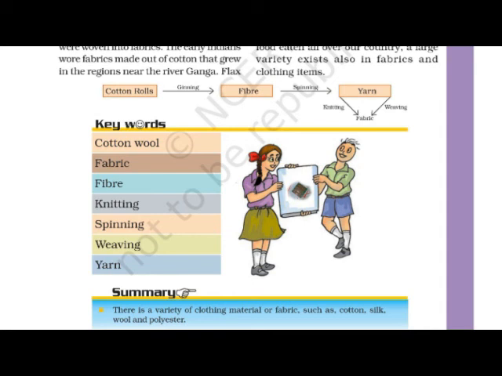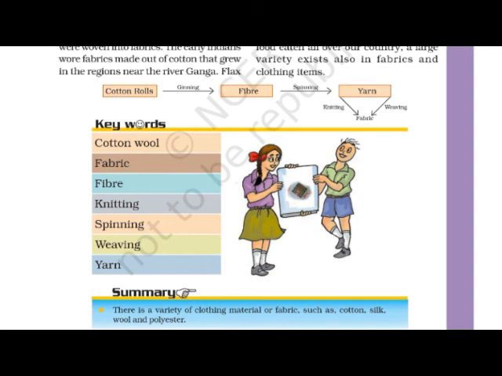Diversity can also be seen in clothing items. The people who live in Maharashtra wear different kinds of clothes compared to Karnataka, Rajasthan, or Madhya Pradesh. In every region, different clothing material or different fabrics are used.